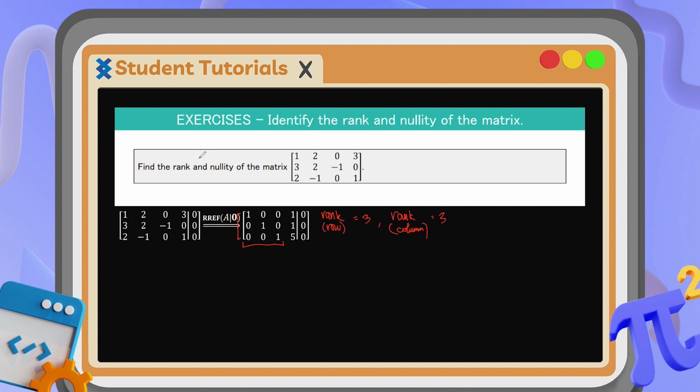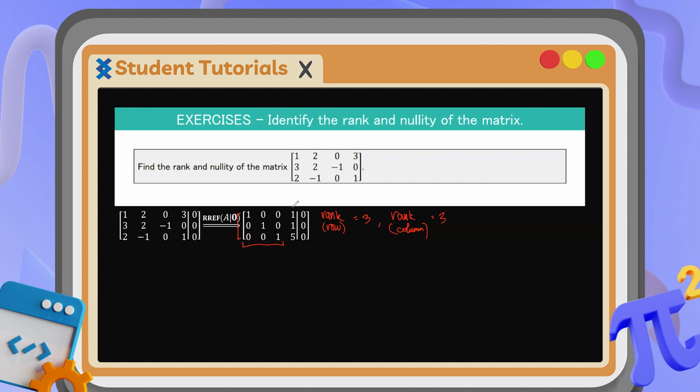Another thing is to see what the nullity of the matrix is. So notice in this augmented matrix, we have one vector which requires its solution to be part of the other scalars.